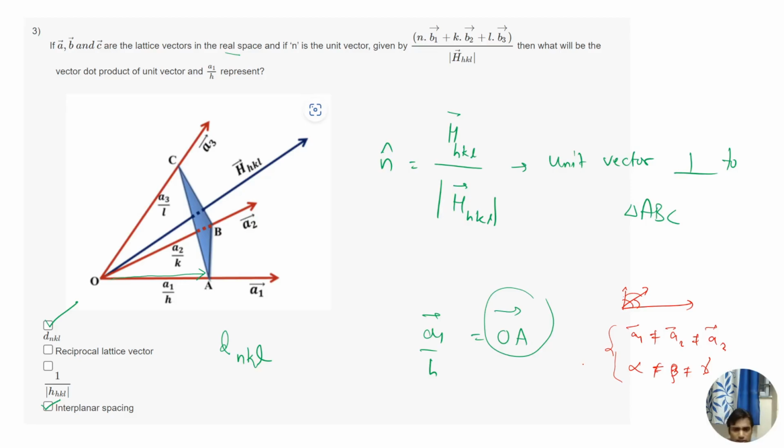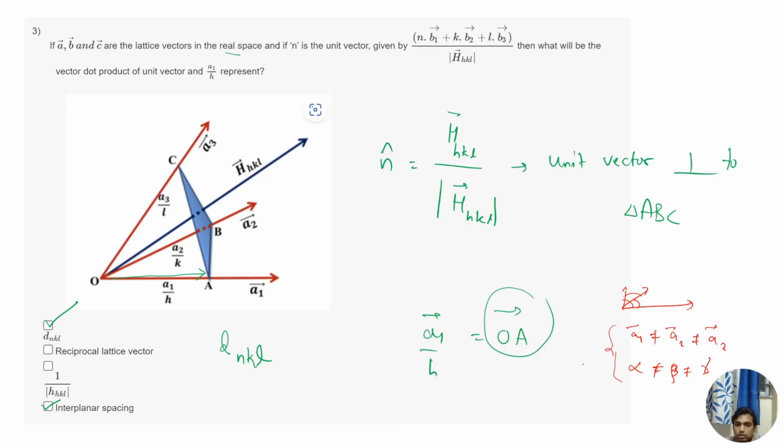We are not saying that the numerator is real space. We are saying that n cap is a unit vector which is along the direction of this HKL. It has no units.